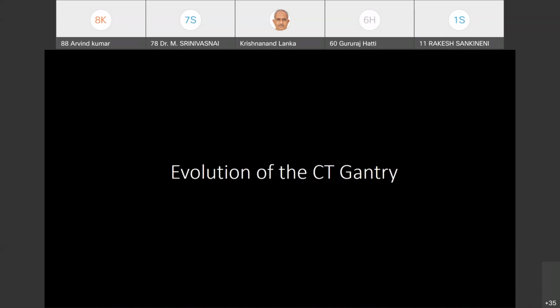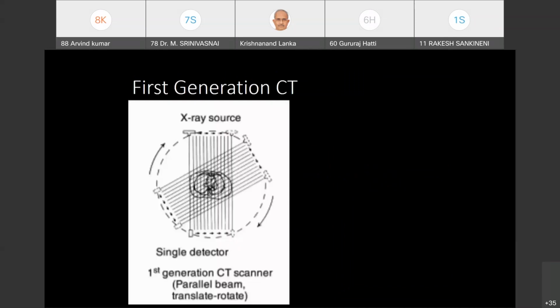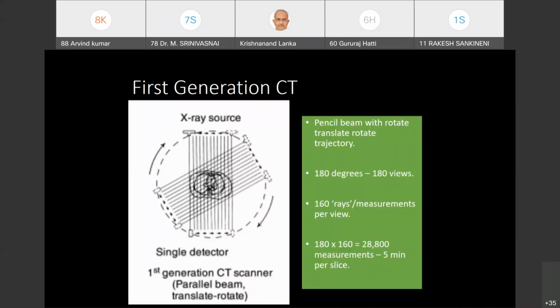So anyway, let us come to how this evolution of the CT gantry has come. The first generation CT scan is a pencil beam with a translate-rotate trajectory. I will just quickly go through this.